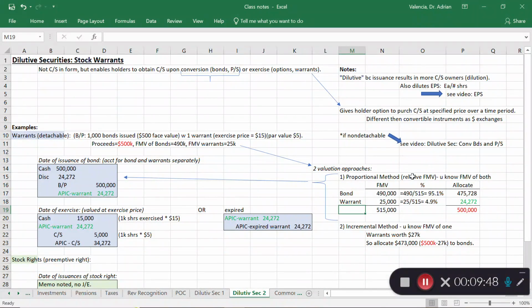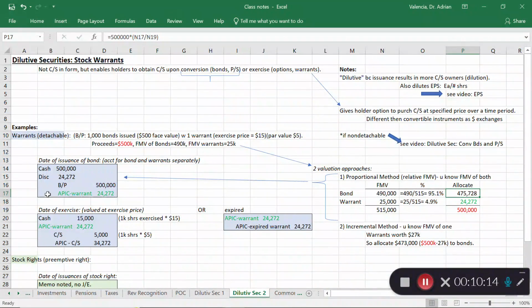But for our purposes, since we knew both fair market values, we're going to use the proportional value method, which means I'm going to assign 24,272 to the warrants. If I'm assigning 475 to the bonds, and these are $500,000 face value bonds in total, then I must have sold them at a discount. That's the way we're going to account for it.